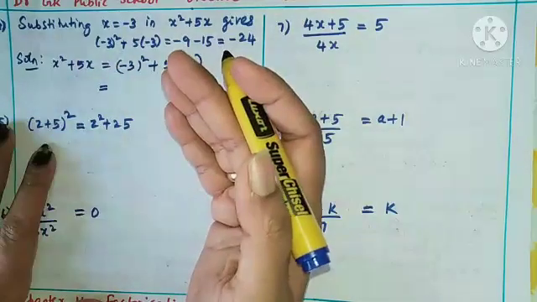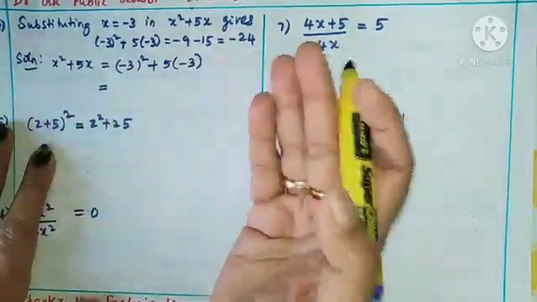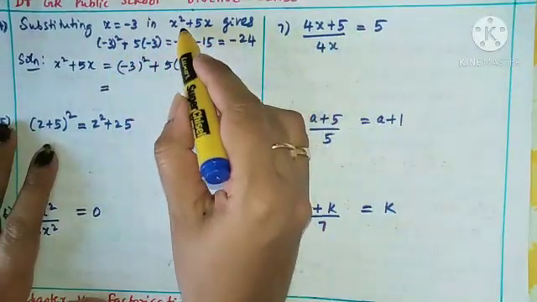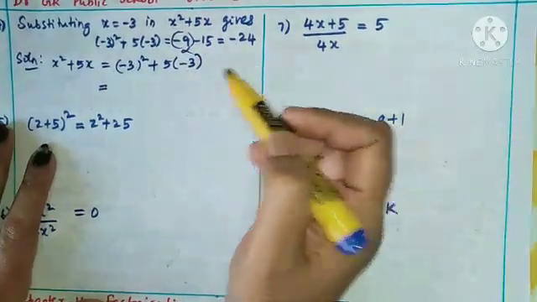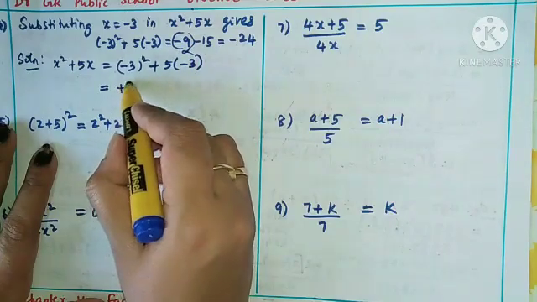When you square, it becomes positive because minus into minus is plus. So in the question, this −9 then becomes wrong. Okay. So here −9 will not come, here +9 will come.